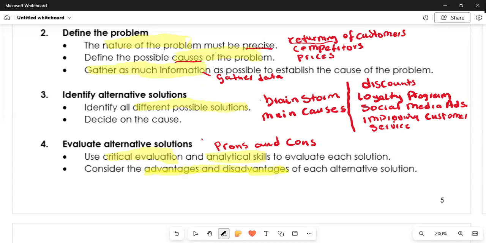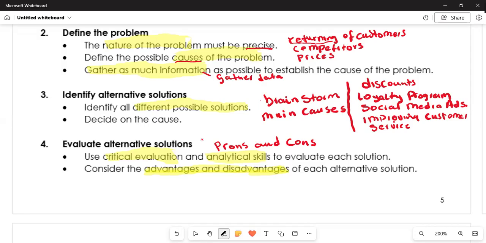Now maybe we can go for loyalty programs. Okay, loyalty programs take time to implement. That's the disadvantage. But they can help build a long-term relationship with our customers. That's the advantage of it. Or we can go to social media ads. The problem with it is that it's going to cost us money, but the advantage is that it's going to bring new customers.